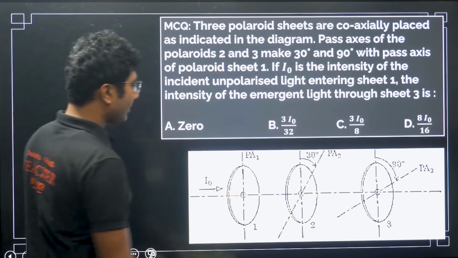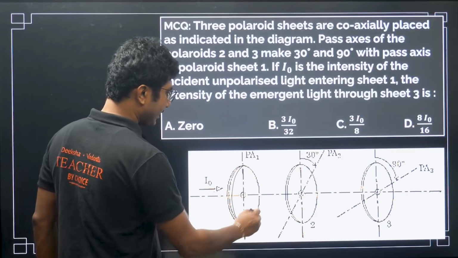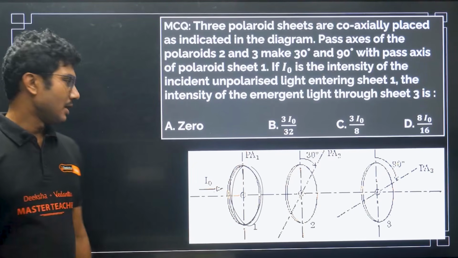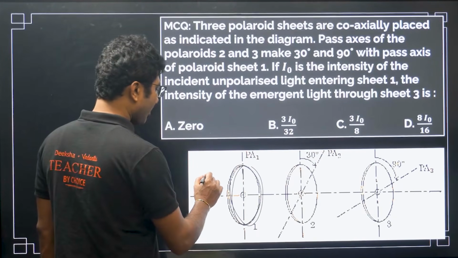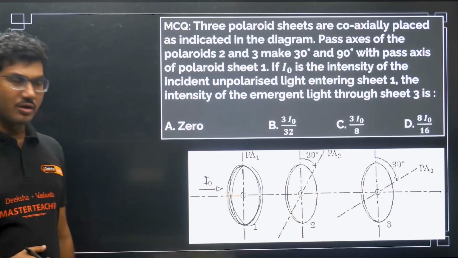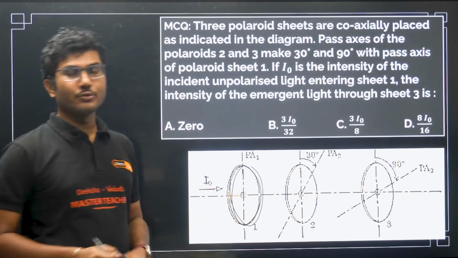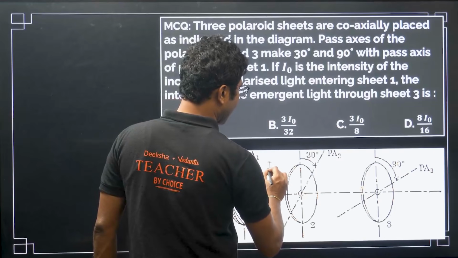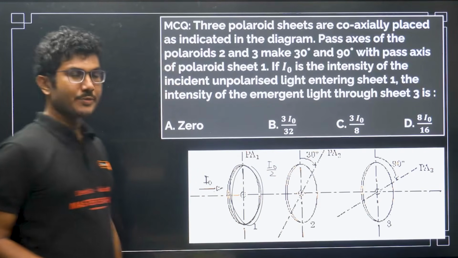So, here we have the first Polaroid sheet, and according to our definition, this is the polarizer. The intensity of light which is coming unpolarized was I naught. Once it is passed through the first Polaroid, what will be the intensity? Intensity will be I naught by 2. Simple.